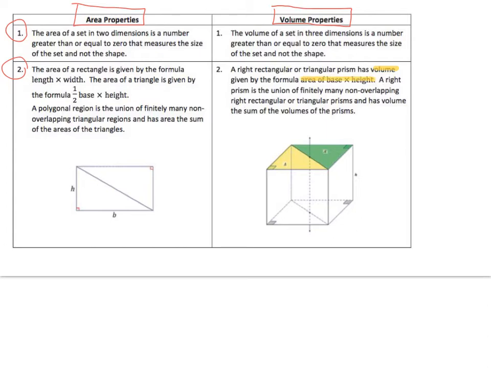A right prism is the union of finitely many overlapping right rectangular or triangular prisms, and its volume is the sum of the volumes of the prisms. All right, aside from that, for this shape right here, we would find the area of the base and then multiply it times the height. And that would give us our volume.